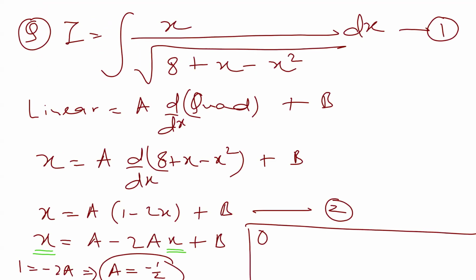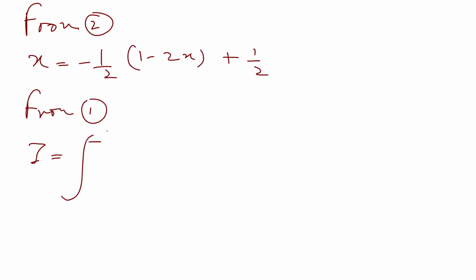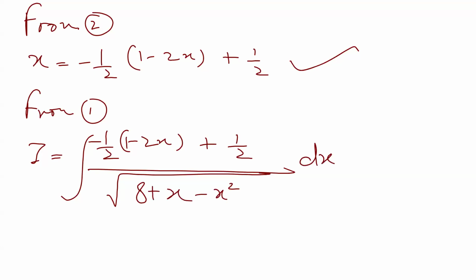Let's go to equation number 1. So replace this x with whatever we got earlier, that is minus half into 1 minus 2x plus half, upon root of 8 plus x minus x square dx. Now split this into two integrals.